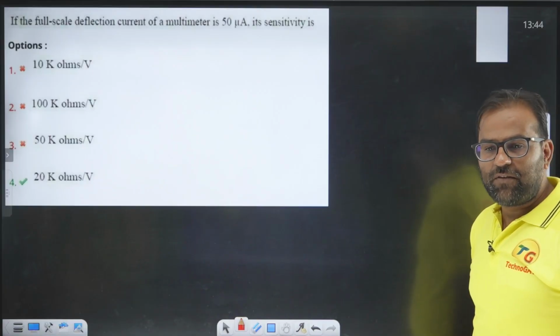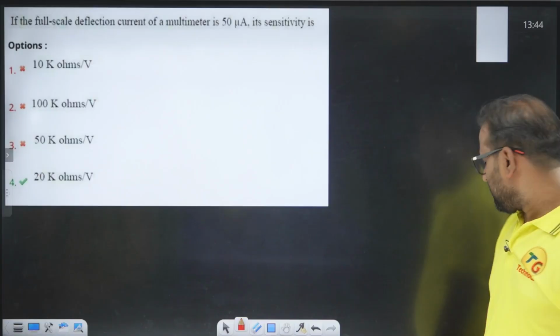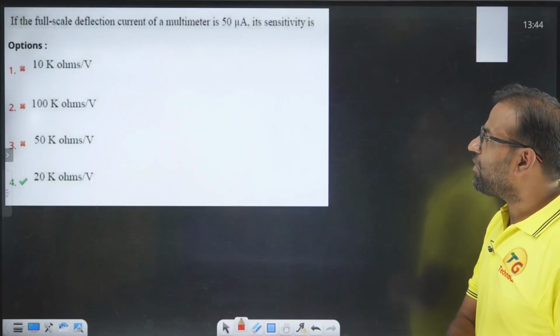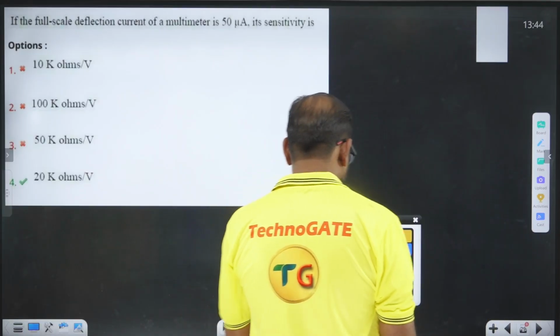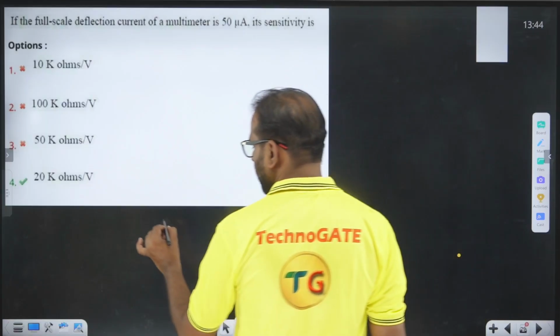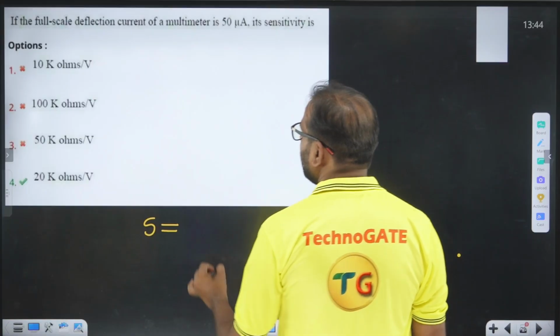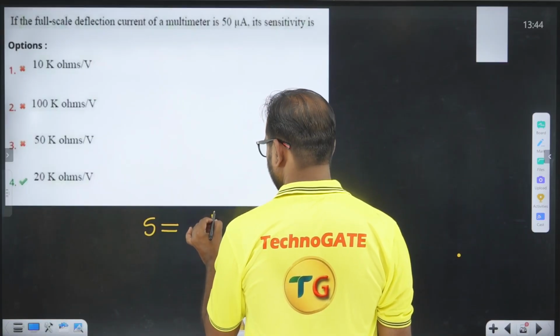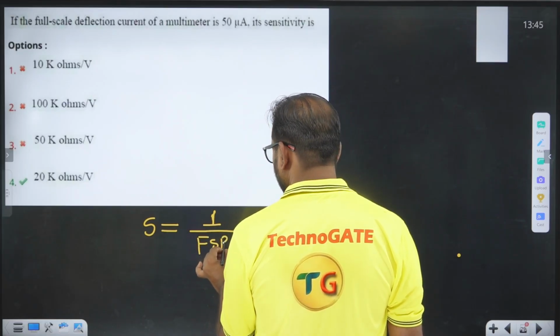The full scale deflection current of a multimeter is 50 microampere. The sensitivity, always remember the sensitivity is given by 1 divided by full scale reading.